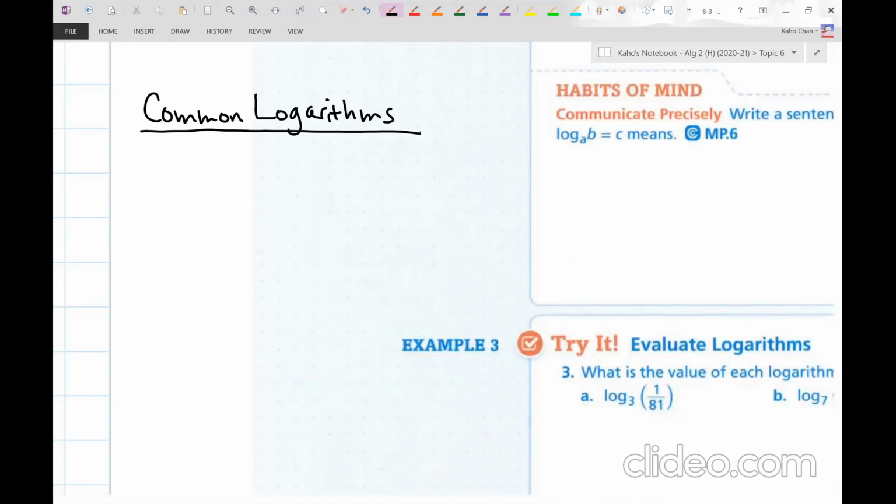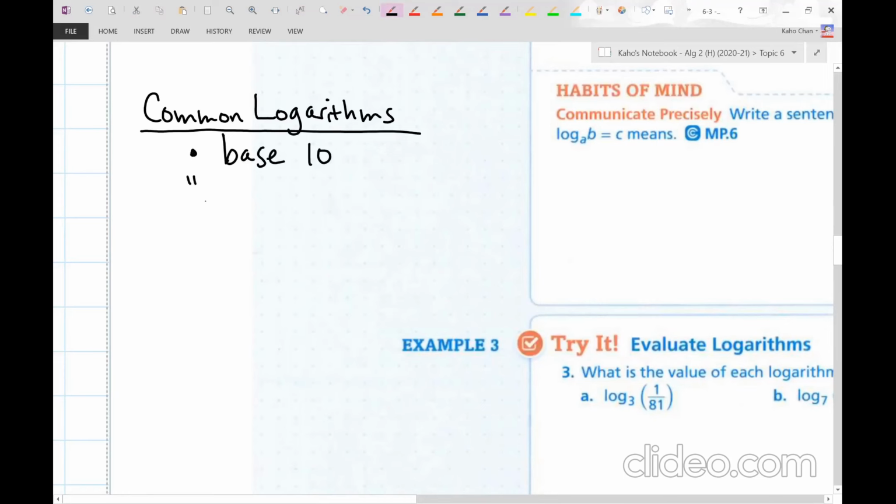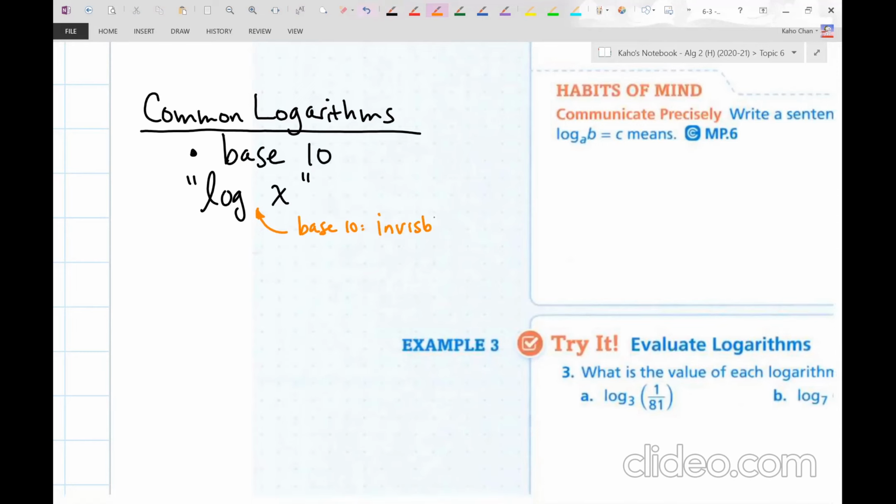Our number system, for the most part, is base 10. Common logs are base 10. So sometimes when you see a problem written log x without a number, it's invisible, you assume it's base 10. It is invisible, okay?